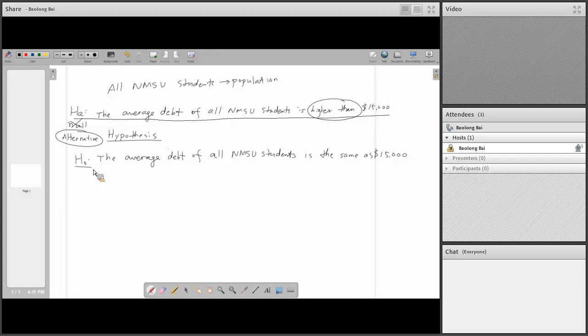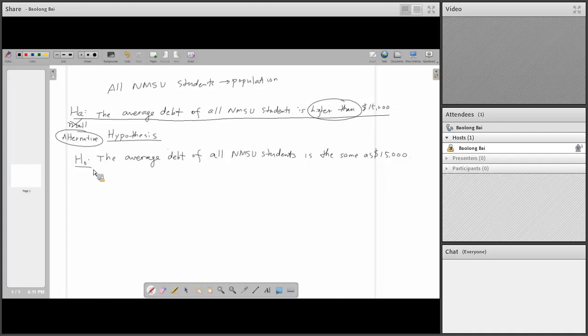For any question, identify the claim. That will be our hypothesis. If the claim is stating something being different, that's our alternative hypothesis, HA. If a claim is stating something being the same, that's our null hypothesis, H0. Okay? Good. We don't like to write the long sentence like this. It takes too much time, right?